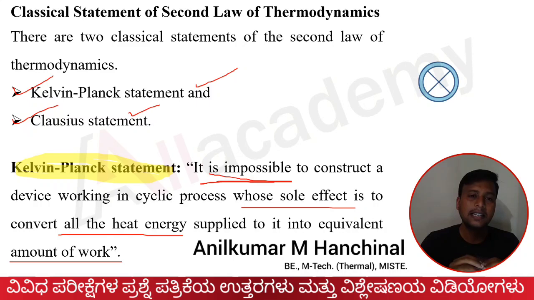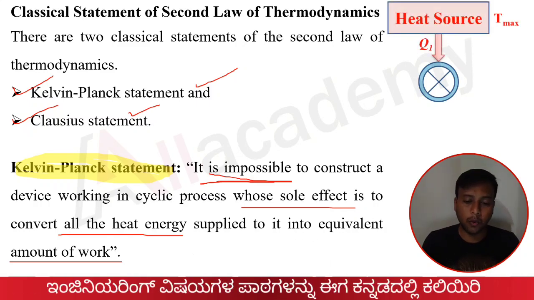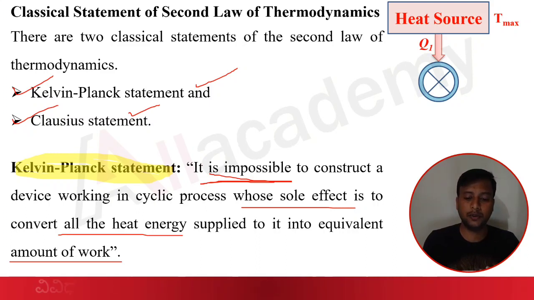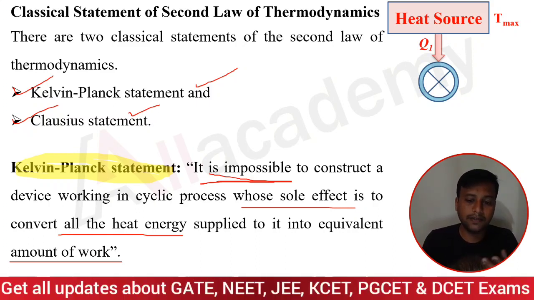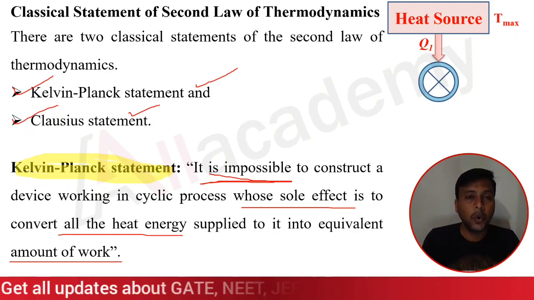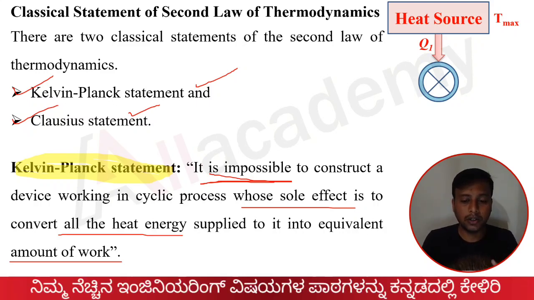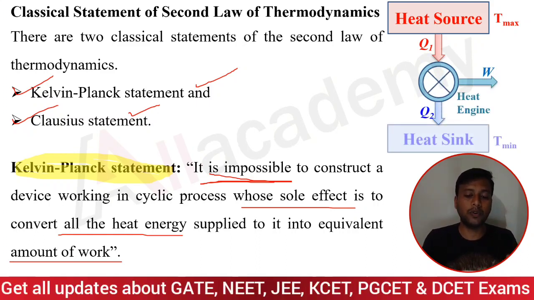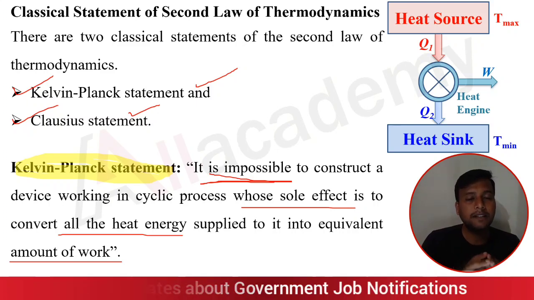Assume this is a heat engine. It is impossible to construct a device working in a cycle whose sole effect is to convert all the heat energy received from the heat source into an equal amount of work. So it is not possible.